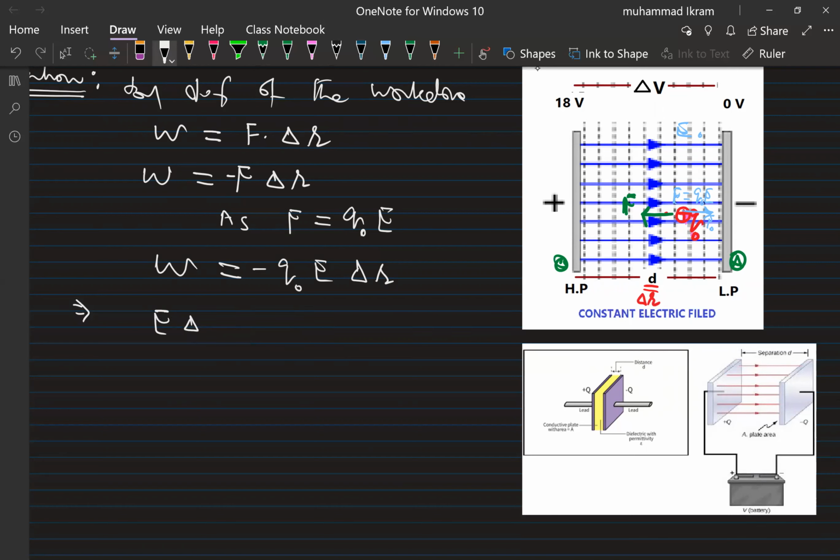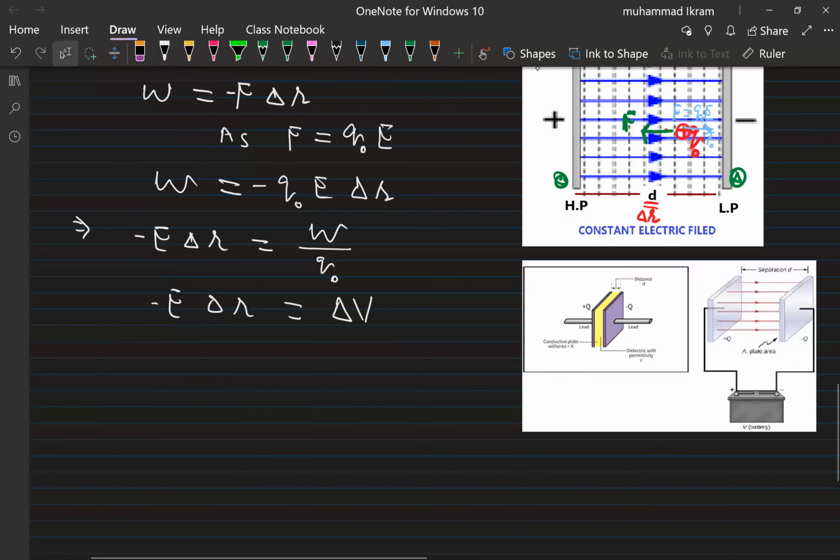This delta E delta R is equal to the work done into Q naught, work done per unit charge. And you already know that the work done per unit charge is in fact the change in the electric potential.